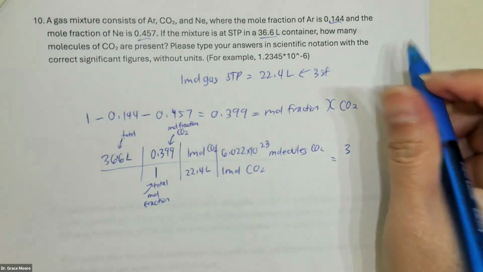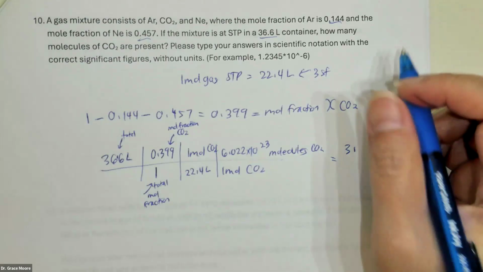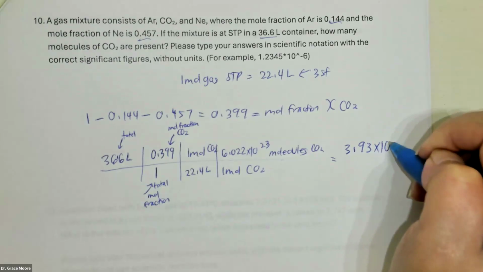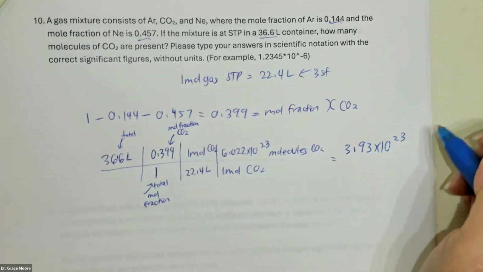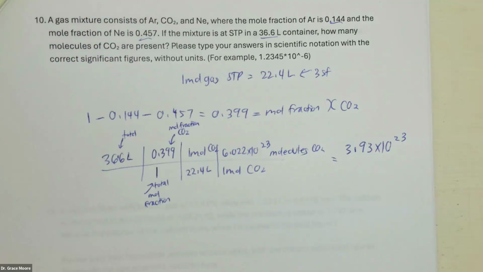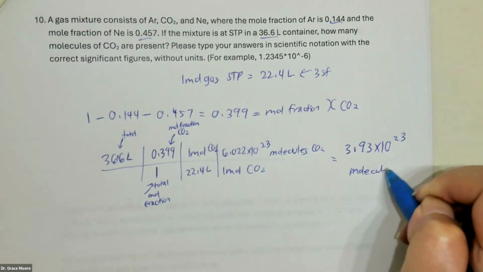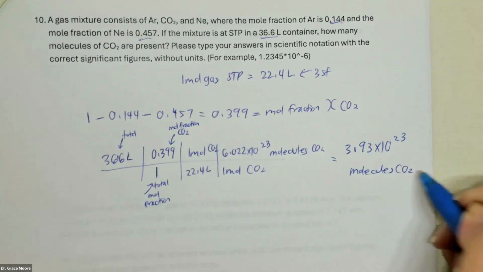And we want to keep 3 sig figs here, 3.93 times 10 to the power of 23. And that should give us molecules of CO2.